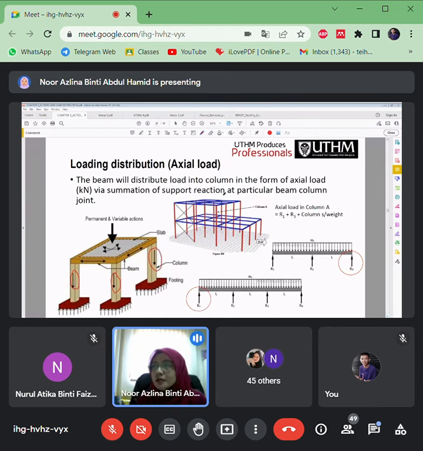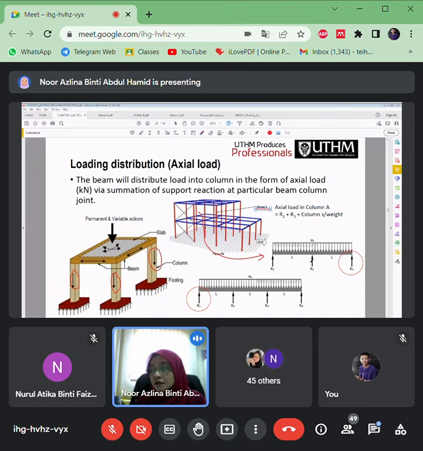Okay, so this is how the columns will support all the load from all the sides of the beam. For example, column A. Column A has two sides of beams, the right side and the left side. The left side has two spans. So this is an example of the left side continuous beam.